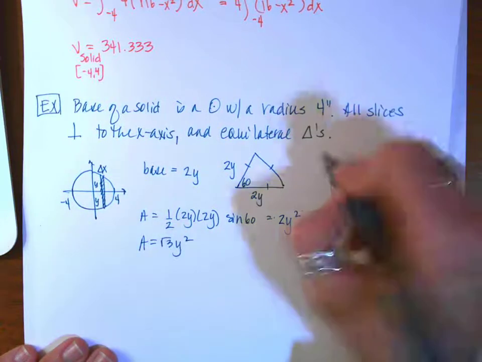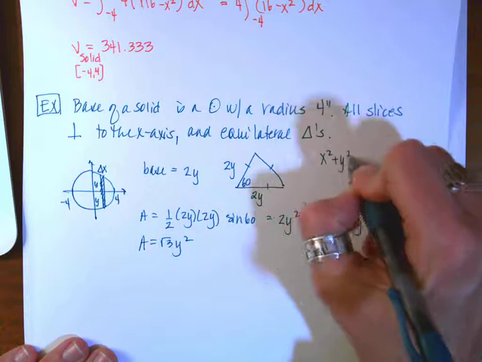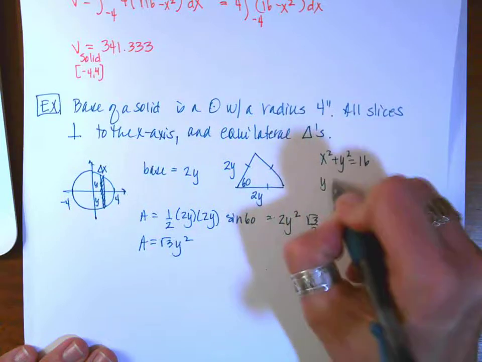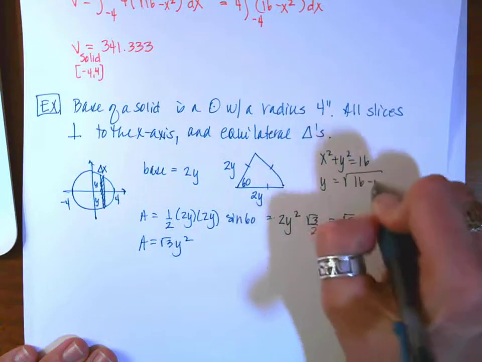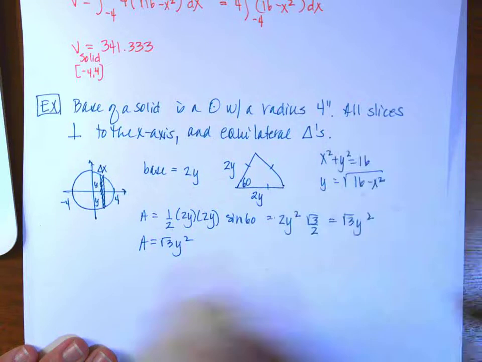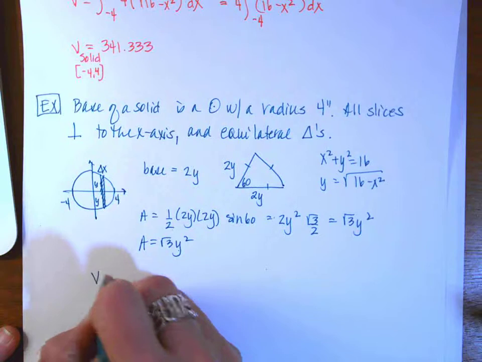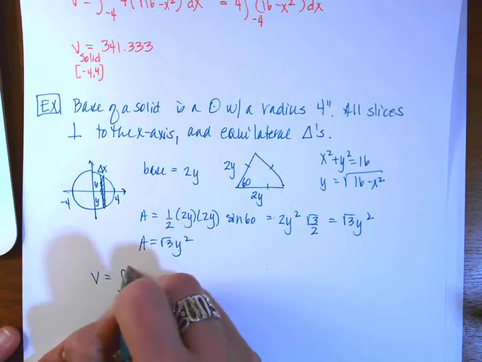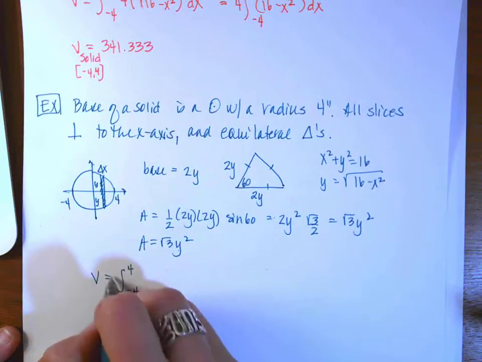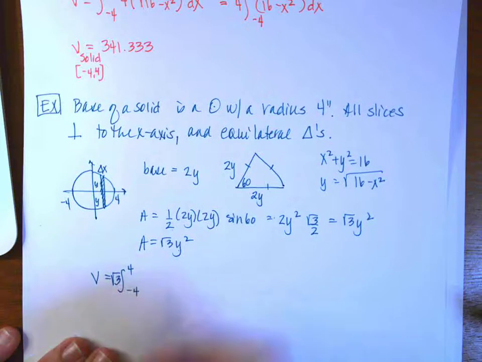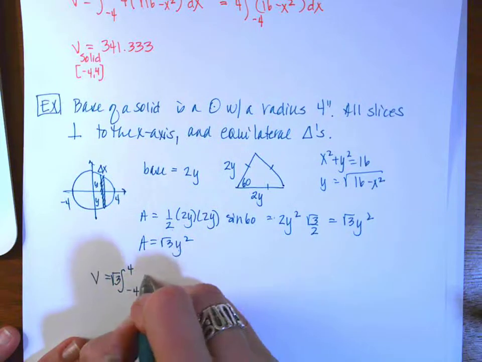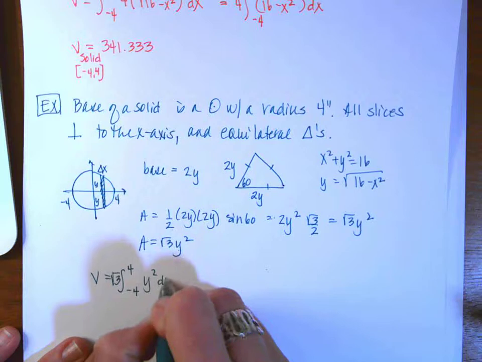So that's a pretty easy expression for your area. So your area is radical 3 y squared. Oh yeah, and I know that x squared plus y squared is 16, so y squared is equal to 16 minus x squared. And then I'm going to eventually substitute that in here. So my volume equation, again, I'm going to integrate from a negative 4 to 4.